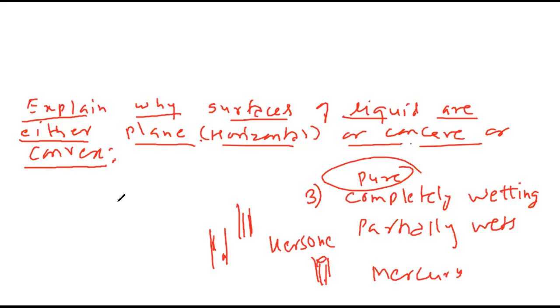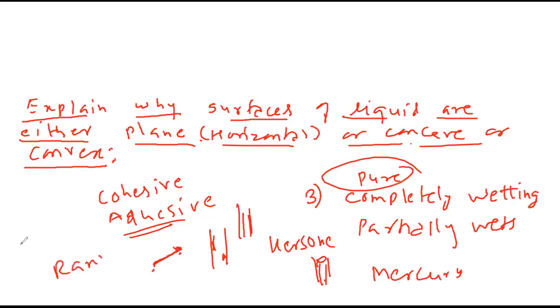Force of attraction between similar molecules is called cohesive force. And force of attraction between dissimilar molecules is called adhesive force. Distance up to which molecular influence exists is called molecular range. That means from one molecule up to a certain distance, other molecules are attracted.